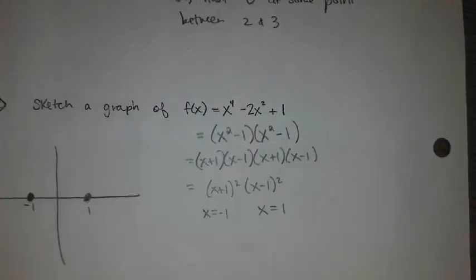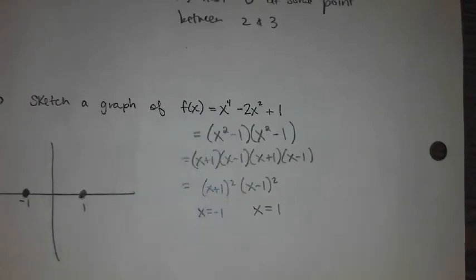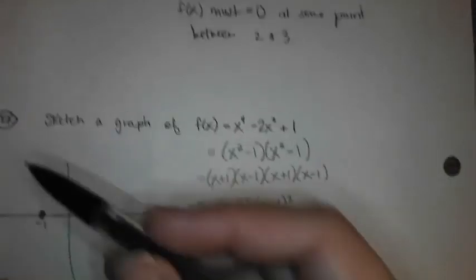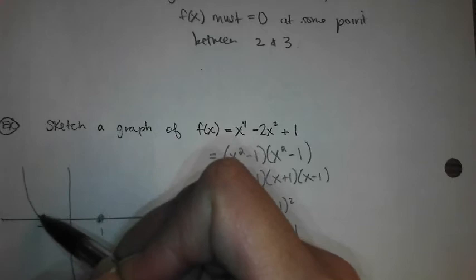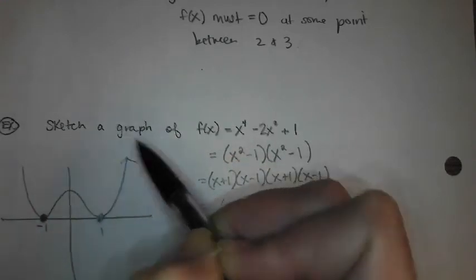And we're going to bounce off of both of those points. Are we an even degree or an odd degree polynomial? Even, so our end behavior is the same on both sides, and we start with a positive coefficient of an even polynomial. So do we start low or start high? High. Good, opens up. Okay, so we are going to bounce off of this one, and we're going to bounce off of this one.